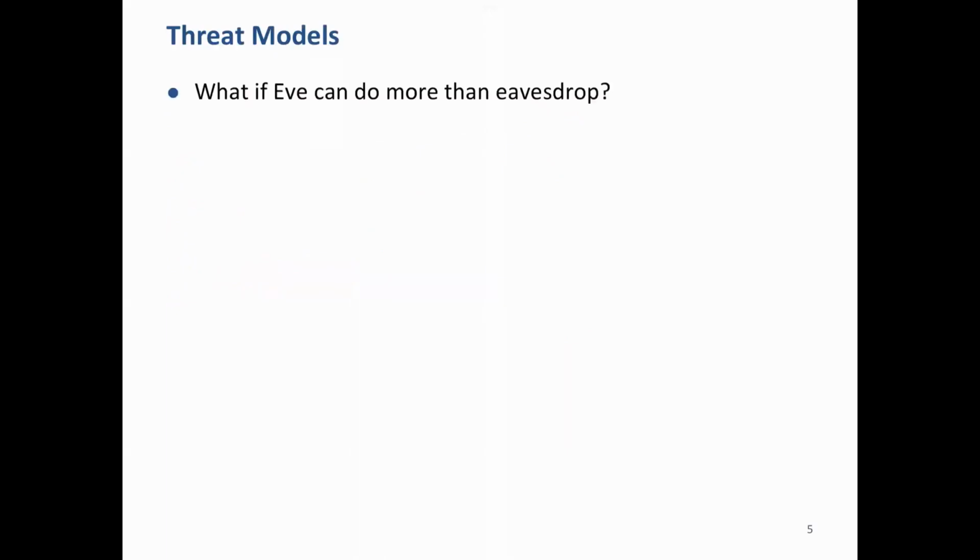All right. In the last class we looked at the model wherein Alice is trying to communicate with Bob over an insecure channel.